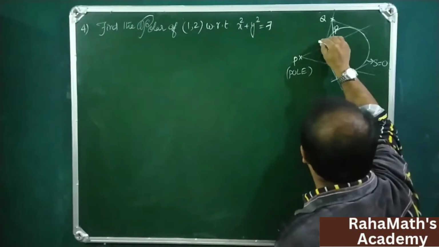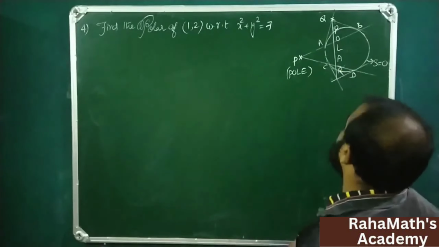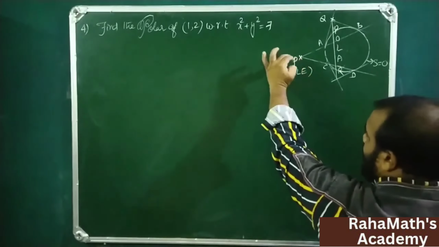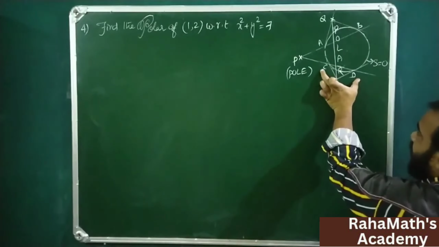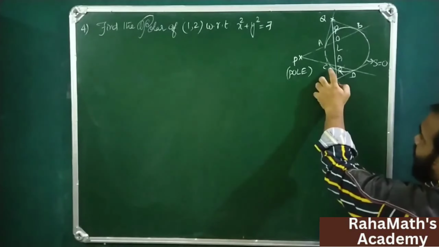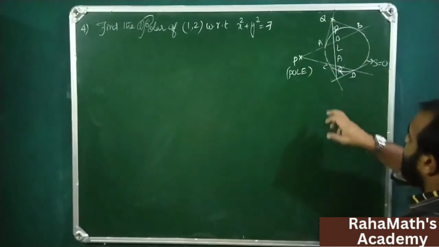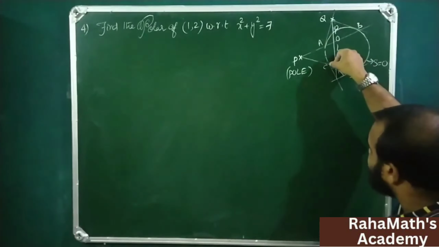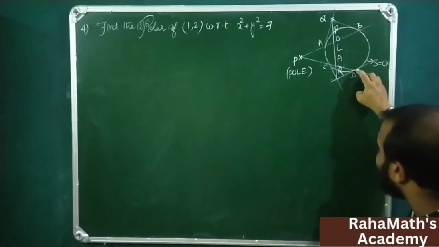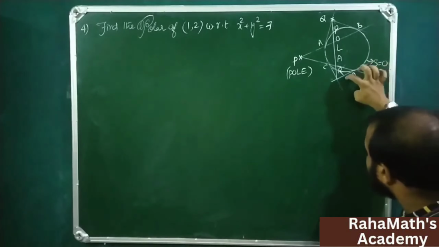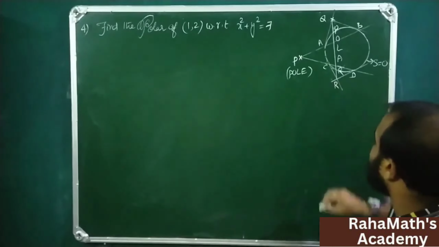Earlier one is, for example, AB is one chord and this time CD is another chord. So from an external point P, I have drawn a secant line and CD being the chord. C, D are the extremities or the endpoints of this chord. I have drawn a tangent through C, and a tangent through the other extremity of the chord, which is D.